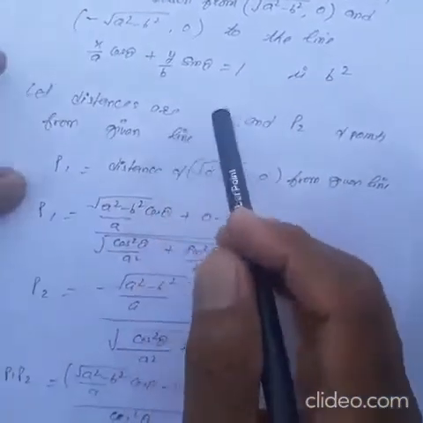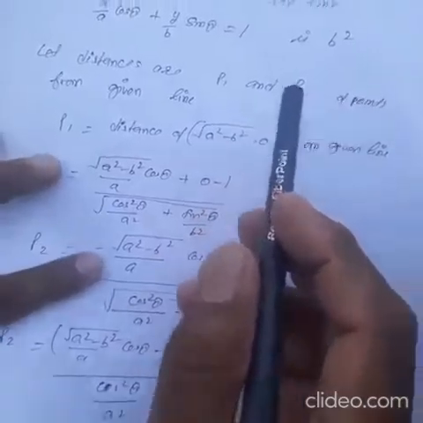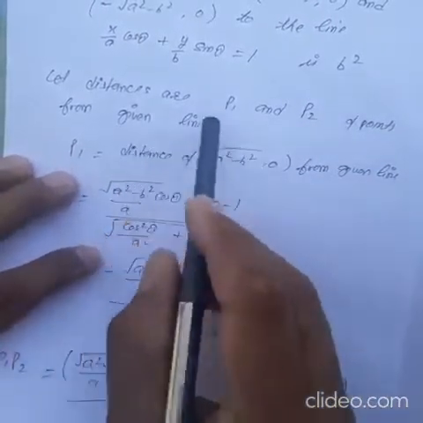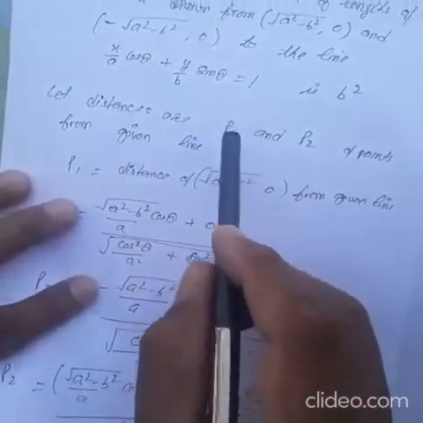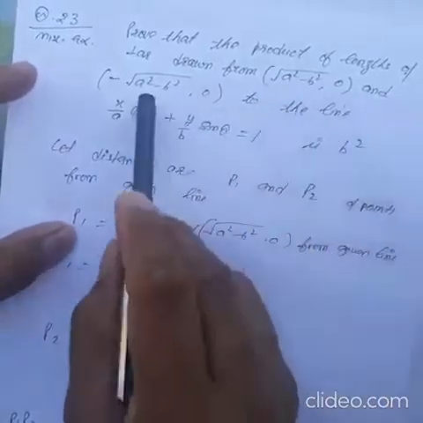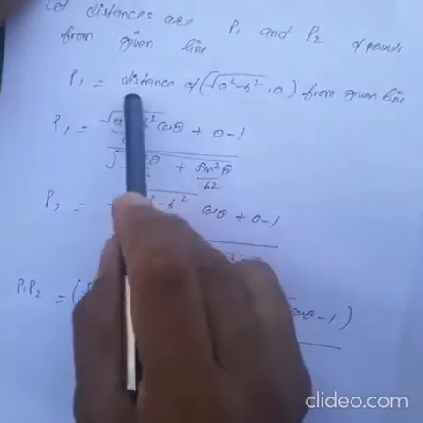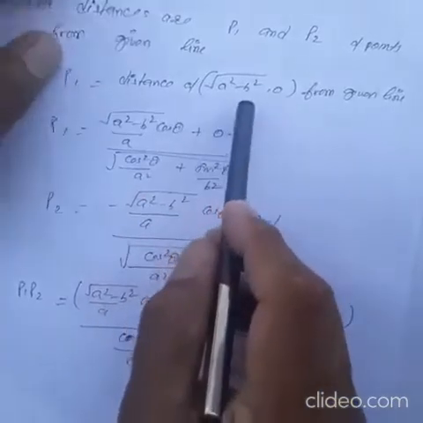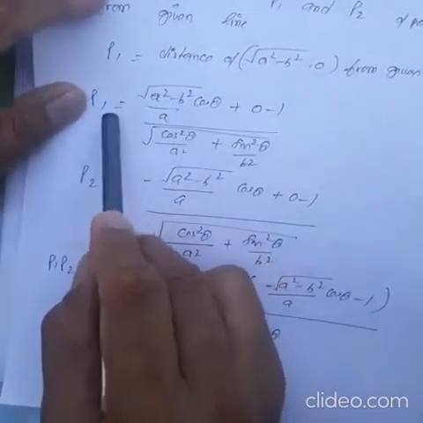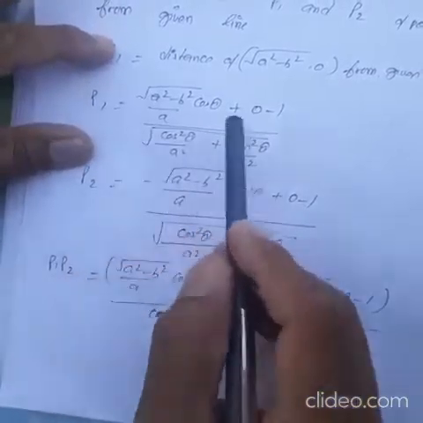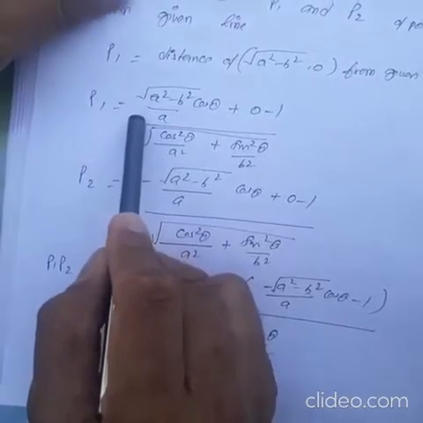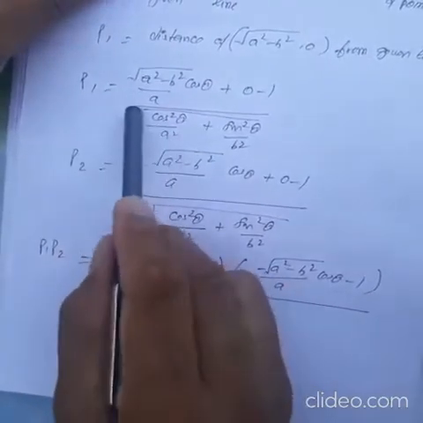Let P1 be the distance from the first point and P2 the distance from the second point. Using the formula, find the value of P1. This is a modulus, so the plus minus sign should be taken. I have taken only the positive sign, so you try to solve using the negative sign also.